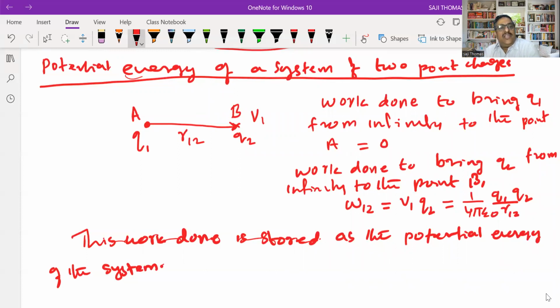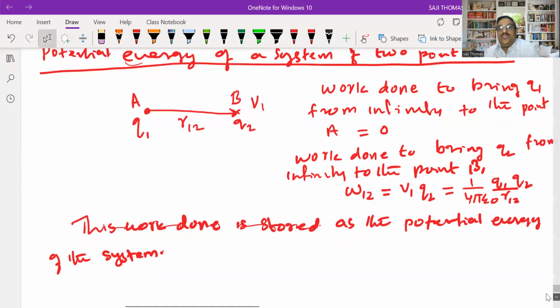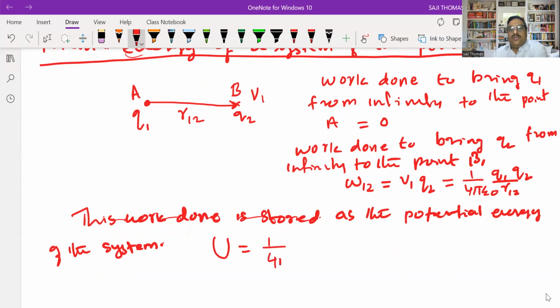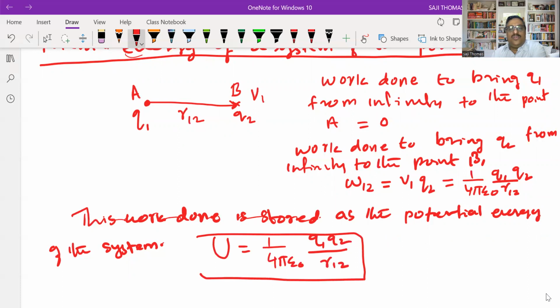So what is the equation for potential energy of a system of two charges? 1 by 4 pi epsilon 0 Q1 Q2 by R12. Potential energy we usually denote by the letter U. So potential energy U equals 1 by 4 pi epsilon 0 Q1 Q2 by R12. So this is the equation for the potential energy of a system of 2-point charges.